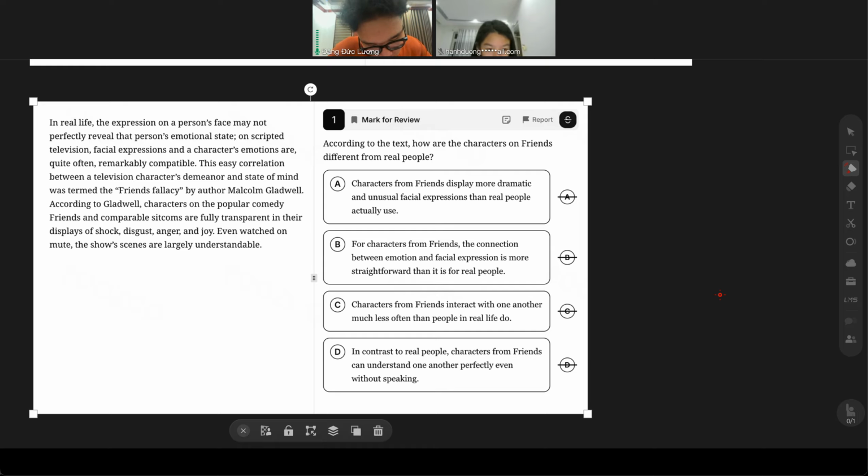Here you can see that in this question they are asking how the characters on Friends are different from real people, and you will have to find that information in the text to pick the right answer. Very straightforward, right? Okay.